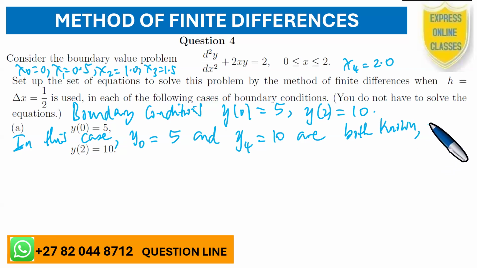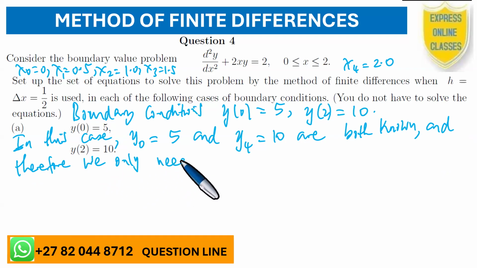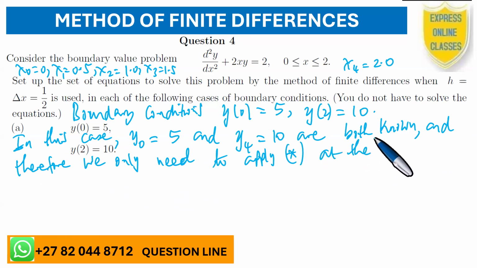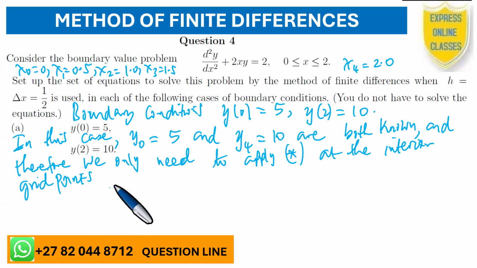Okay, we know both of them, and therefore we only need to apply the equation we called star at the interior grid points, namely x1, x2, and x3. We need to apply star at the interior grid points because now we need to find it at x1, x2, x3, because at x0 we already know it's 5. At x4 we already know it's 10. What about x1, x2, and x3, which are the interior grid points?